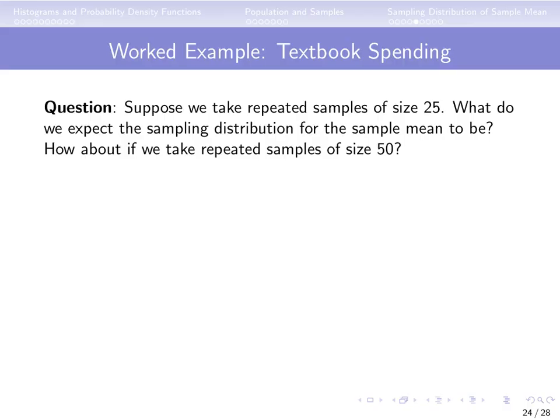With n equals 25, the sample mean, I'm going to put x bar with subscript n equals 25 to represent that I'm talking about samples of size 25, will follow a normal distribution. The mean is going to be the same, 405.17, and the standard deviation of these sample means will now be 210.59 over square root of 25.